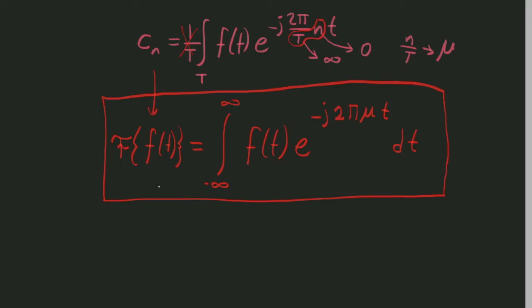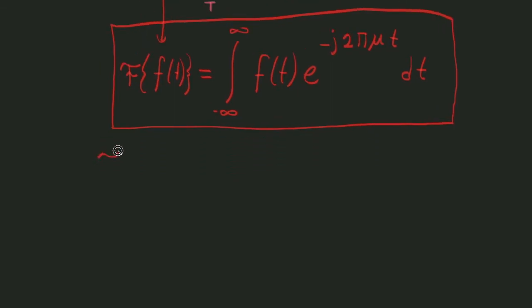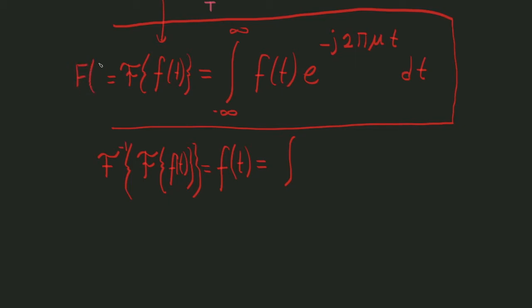We can take the Fourier transform of any continuous function. It doesn't have to be periodic. And what's the inverse Fourier transform? This is the inverse of the Fourier transform of f of t, which gives us f of t again, and this is equal to, now I will make a change to the top part of the equation and call that part F of mu.